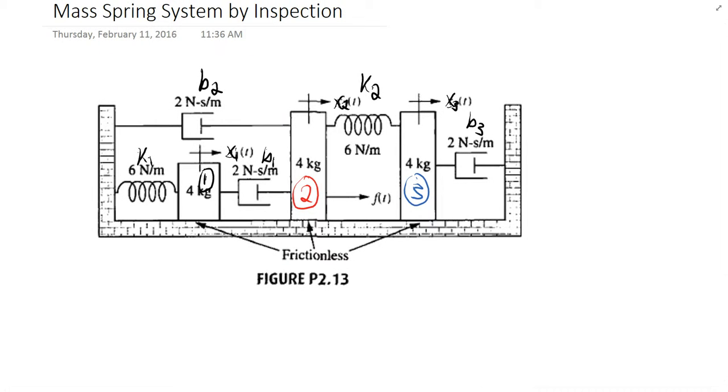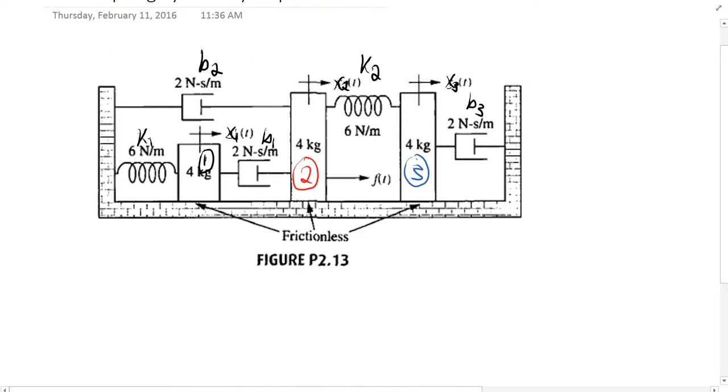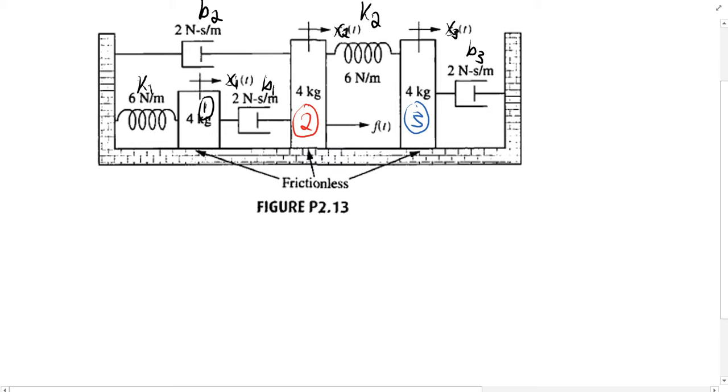So in a similar way to the circuits, I'm gonna first start by writing the equation for X1 for the first mass, which is this one. So X1 of S, open parentheses, and now this time we're gonna look at every component that is connected to the first mass, which is gonna be this spring and this damper.